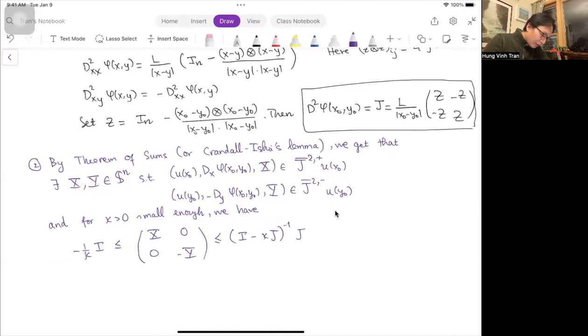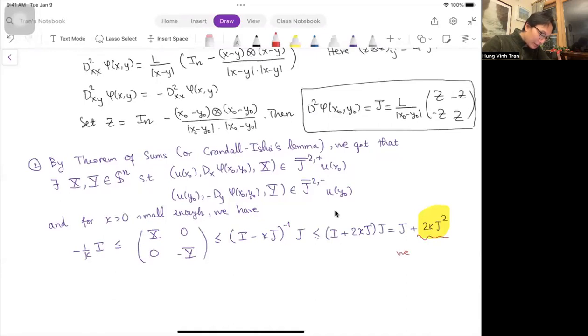Okay, and for kappa really small, we can estimate this term. Again, it's not too important, but it can be written as less than or equal to identity plus 2 kappa times J, or you can write it just J plus an error term, 2 kappa times J squared. This term must be here. We cannot get rid of that, but it's just an error term.